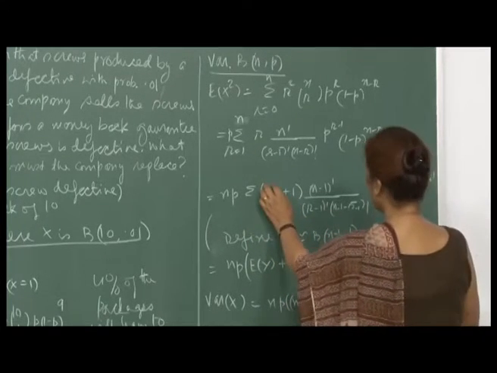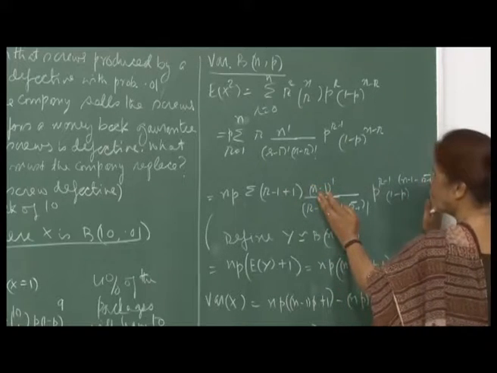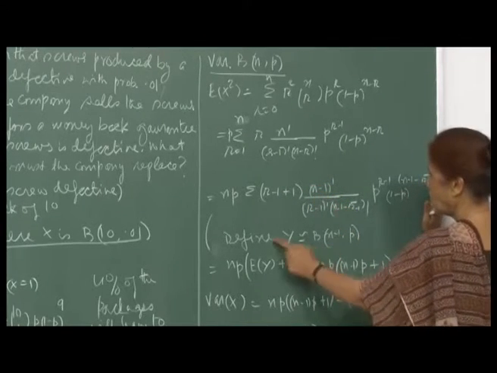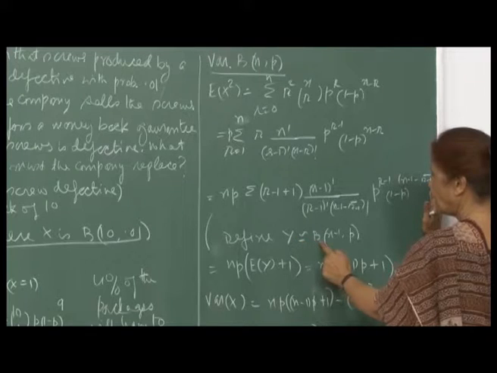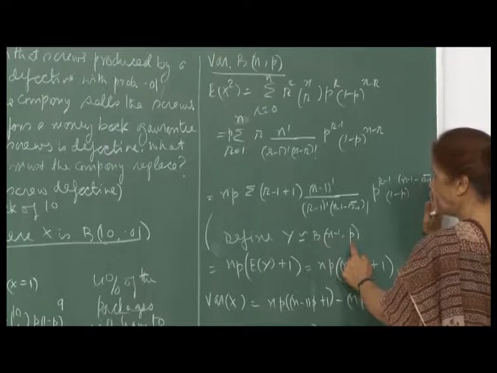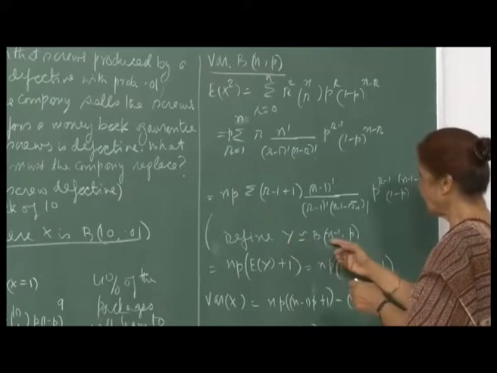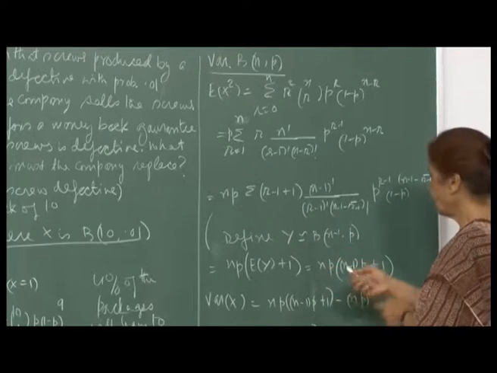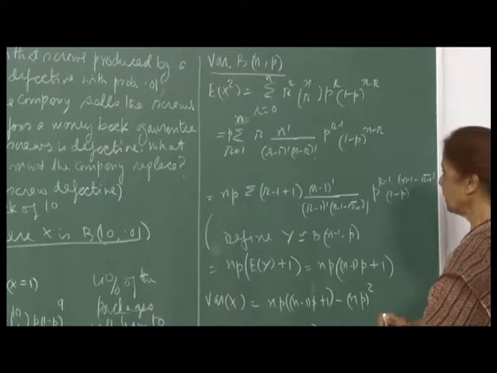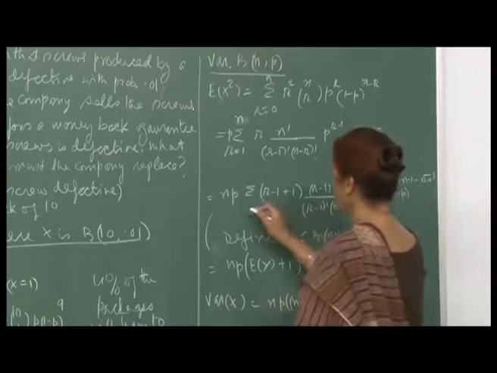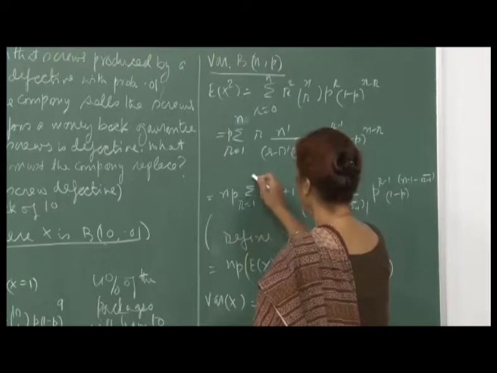So, r minus 1 times this whole thing is now the expectation of, if I define y as a binomial n minus 1 comma p. So, y is a binomial random variable where n minus 1 trials have taken place, and the probability of success is p. In this summation, I should have written here 1 to n.